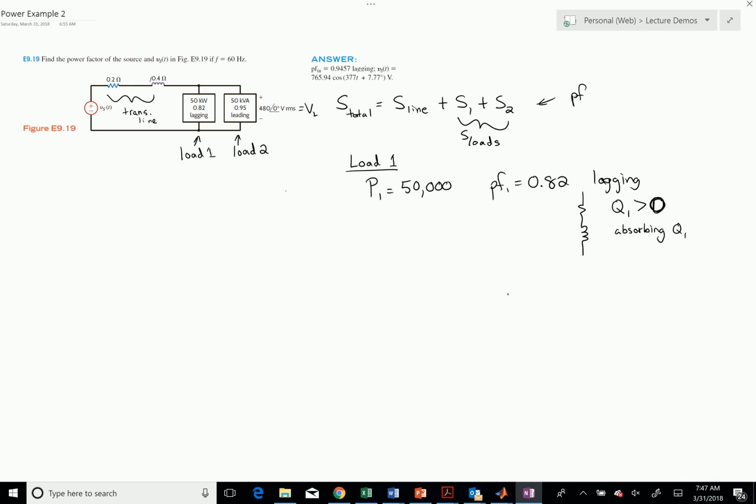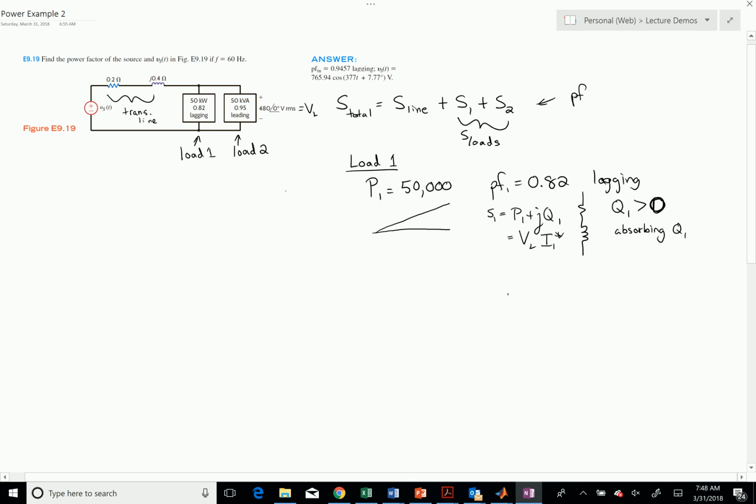In this case, if I have a positive Q, the way I draw this is like so. Remember, I have S1 equals P1 plus jQ1. That has to be equal to VL times I1 conjugate.